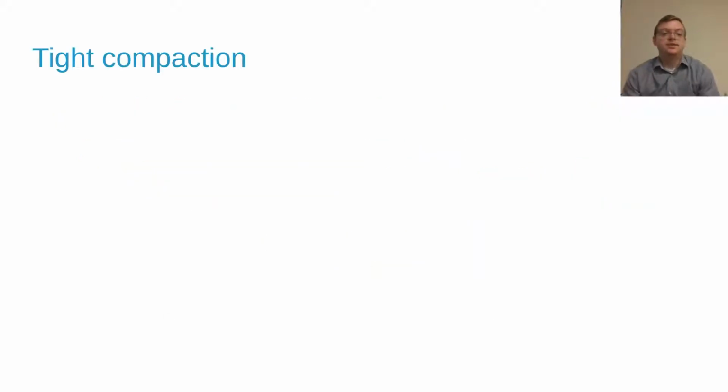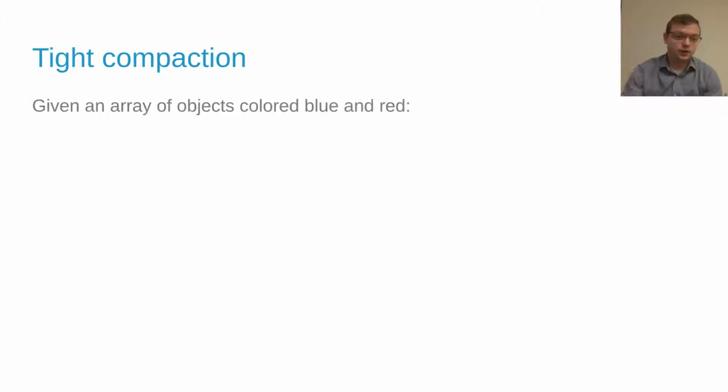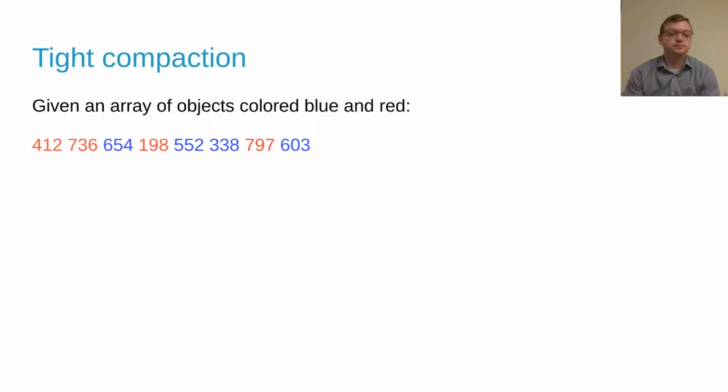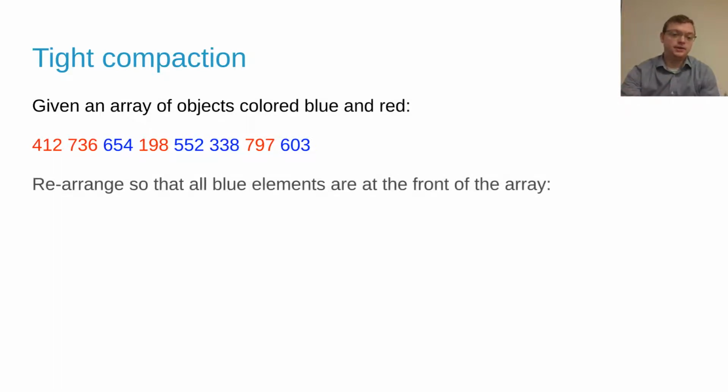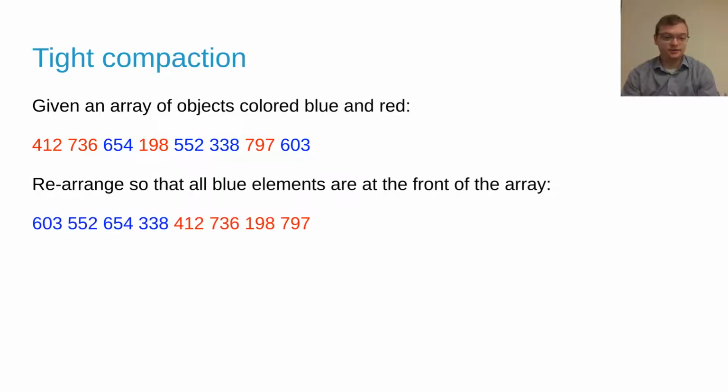I want to begin just by defining tight compaction. So you have an array of objects that are blue and red. Here we use 3-digit numbers. And you compact, you push all the blue elements to the front of the array. Now, here we used half of the elements being blue and half being red. This does not need to happen in general.